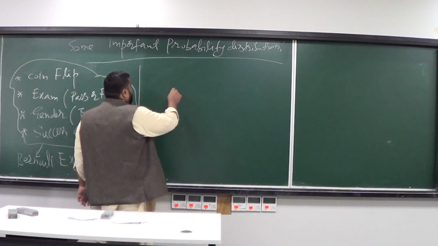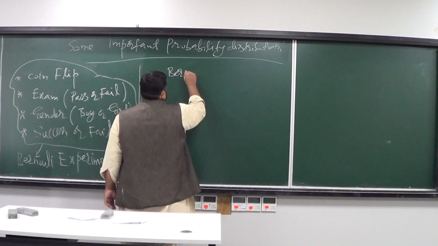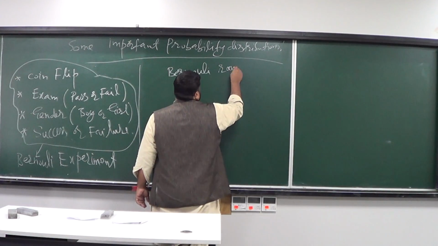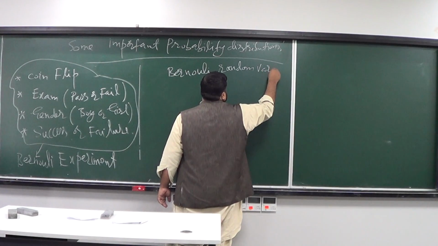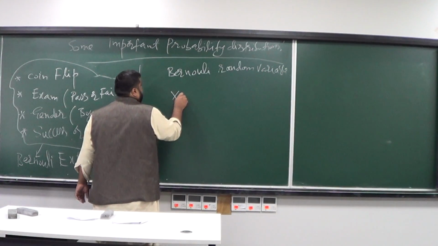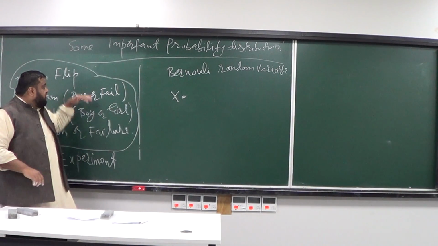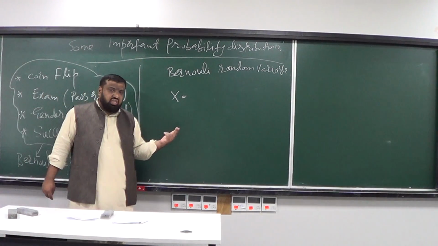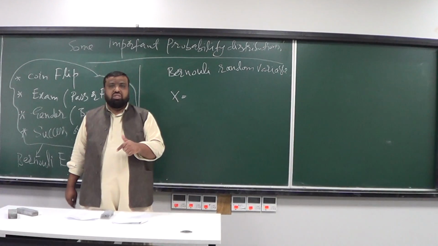So I'm going to say that a random variable is a Bernoulli random variable if it takes only two values. In other words, you take such an experiment in which there are two possible outcomes and you do it once.